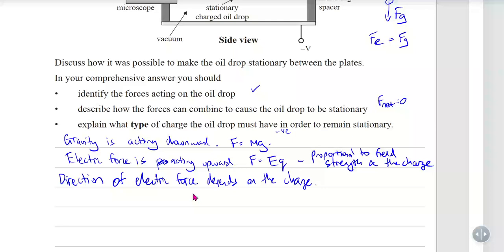An upward force to levitate it will only be produced on a negatively charged particle.